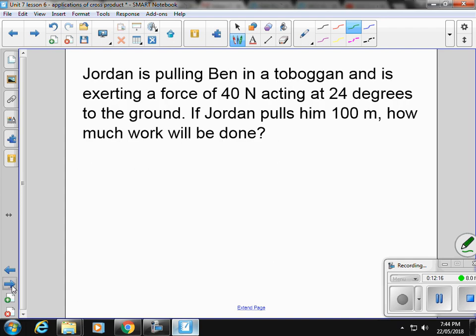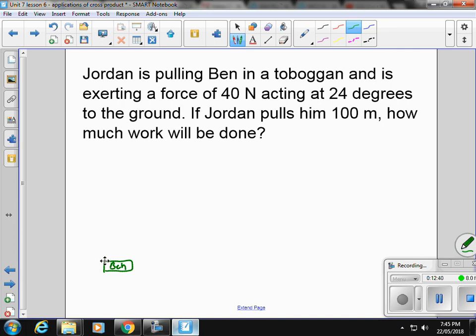Our next thing is using the dot product. So Jordan is pulling Ben in a toboggan and exerting a force of 40 newtons acting at 24 degrees to the ground. If Jordan pulls him 100 meters, how much work will be done? So we've got Ben in a toboggan. I'm not going to try a toboggan. Just got Ben. Okay.